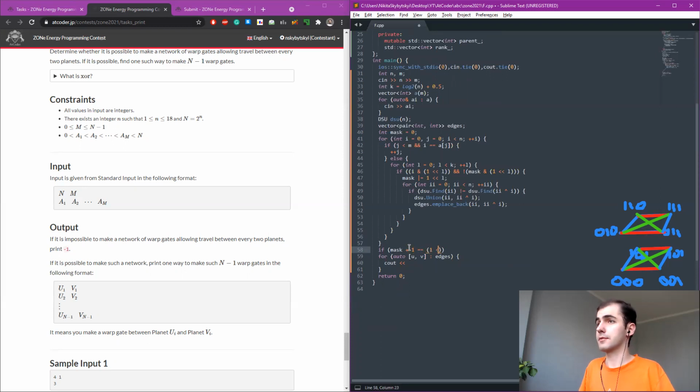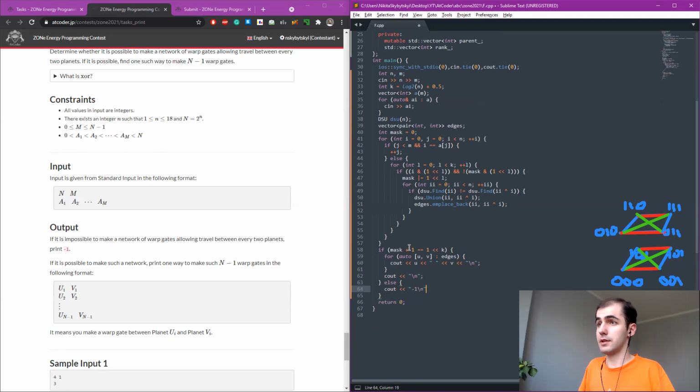Mask is a full mask. And for every edge, we want to print its endpoints. Extra line, not sure what that does.